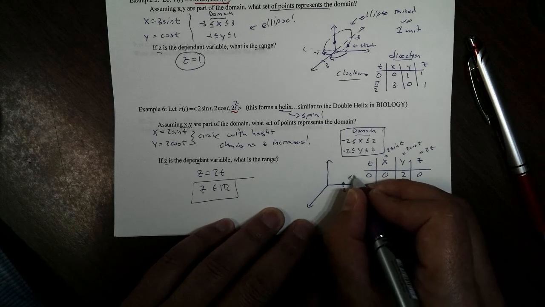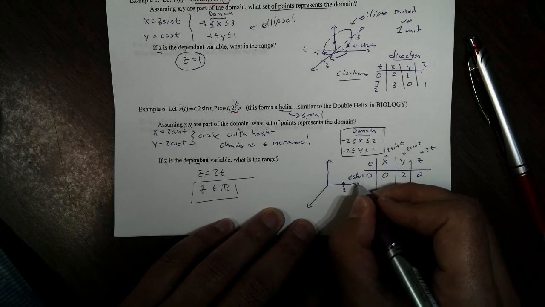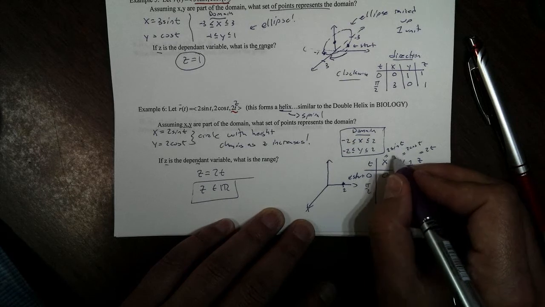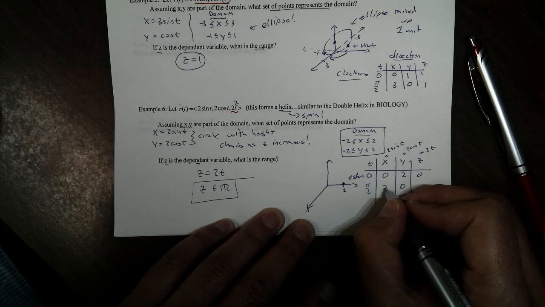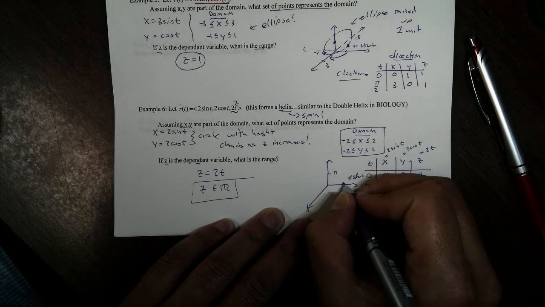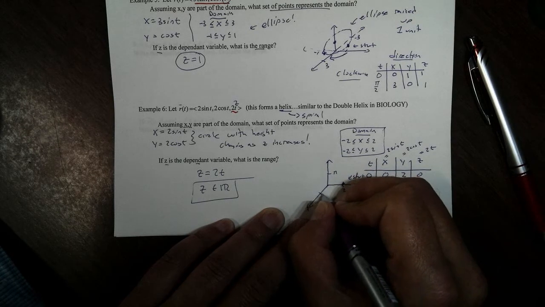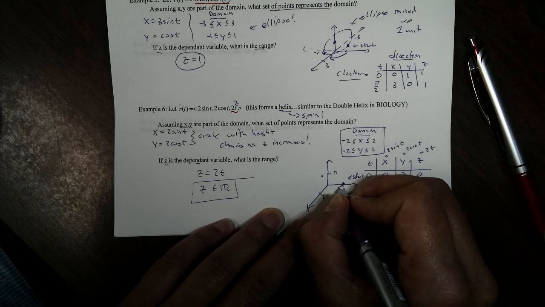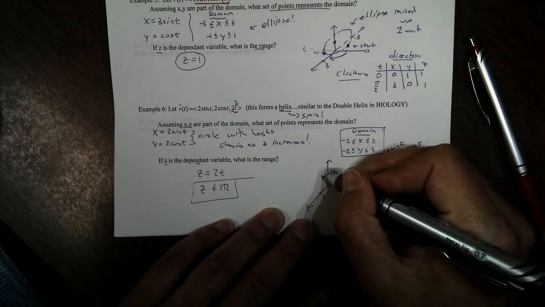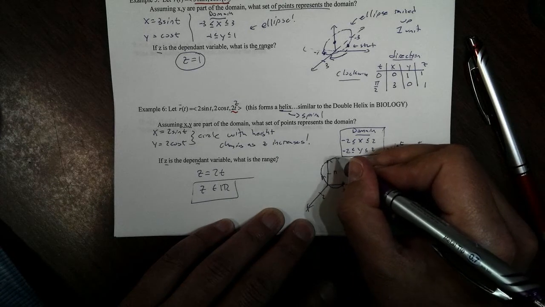That's where I'm starting. Ready? Go to pi over 2. Okay, at pi over 2, we get 2, 0. Be careful, pi, wherever that is, pi. So you can kind of imagine this spiraling up there. And it's going to keep going. I'm not the best at drawing these.